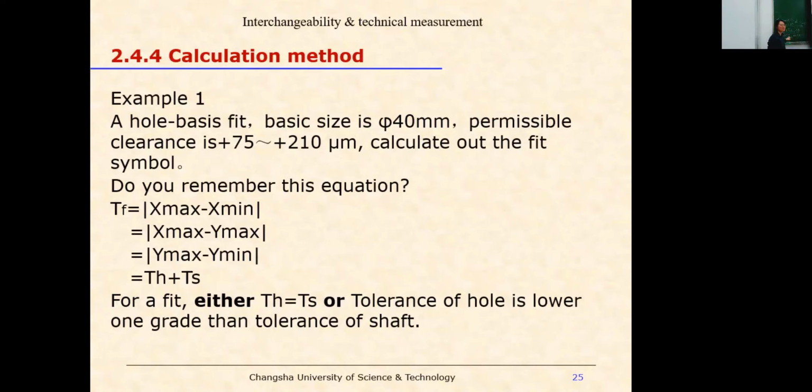Yeah. Continue. And we get the number 67.5 and choose the table 2.4. We choose IT 9, right? 9 and 10. Oh, sorry, IT 9, so it's equal, right?